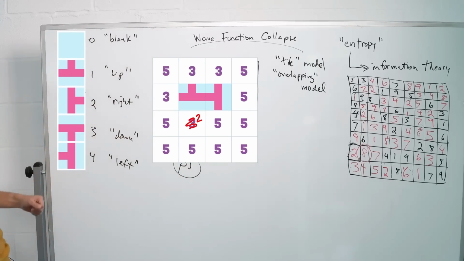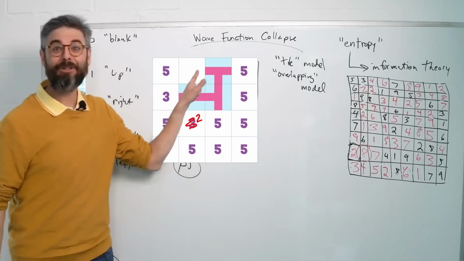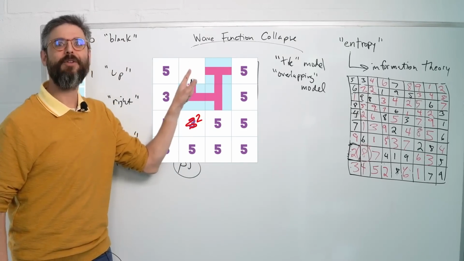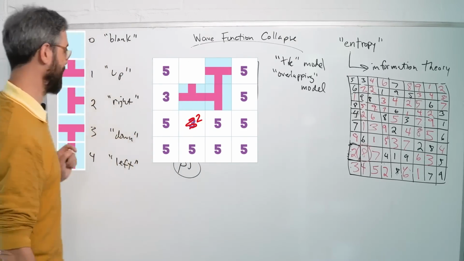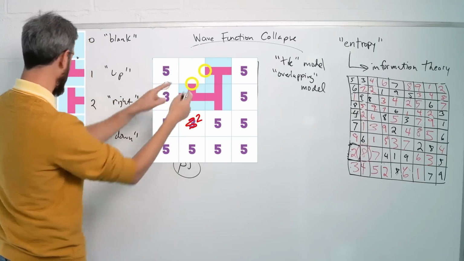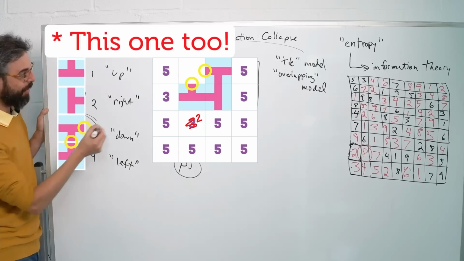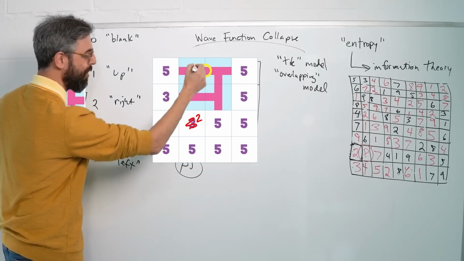Let's say I roll the dice, and I happen to pick this tile. Let's look at what is the entropy for this particular tile now. I need a tile that has connections on both the bottom and the right. Look at that. Only this one now. So only this tile can go there.